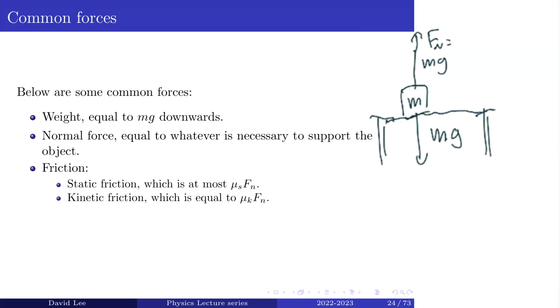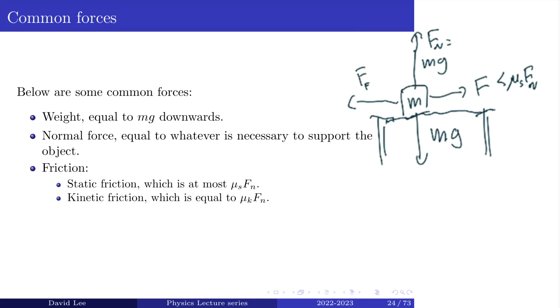So let's say I pull on this box with some force F. If I don't pull hard enough, there's going to be a static friction force that basically prevents the box from moving. And as long as my force is less than mu s times Fn, the friction force will continue to increase to match my force.